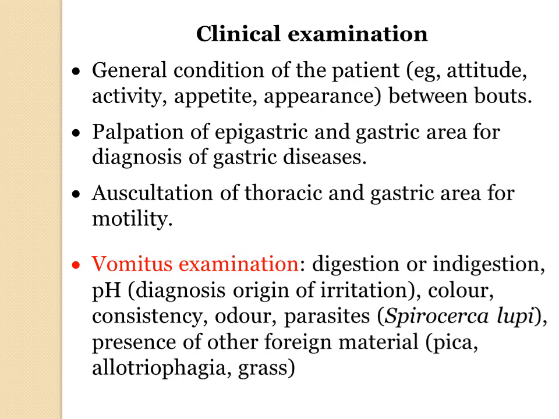The color we have already discussed, consistency, odor, presence of parasites; gross parasites may be observed in Spirocerca lupi. Presence of other foreign material, because sometimes a few animals have a habit of pica, eating abnormal substances other than food. Technically, it is called allotriophagia. Some dogs have a habit of grass eating. That also we have already discussed in part 1.